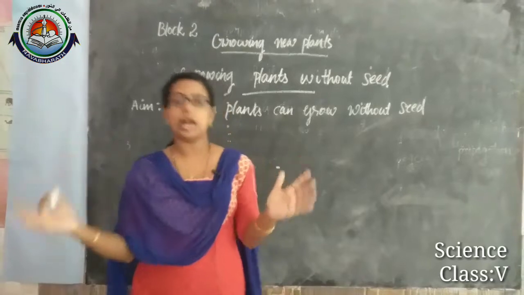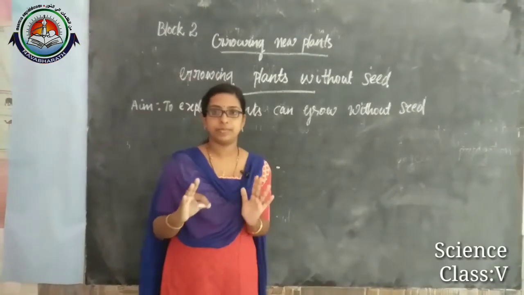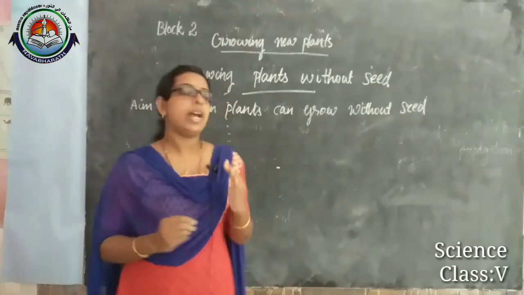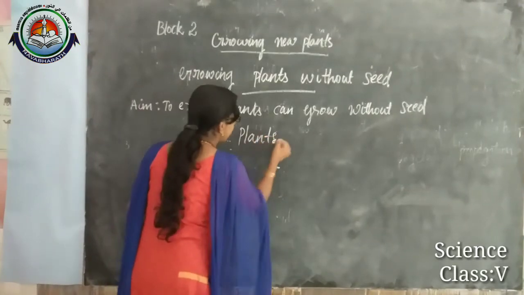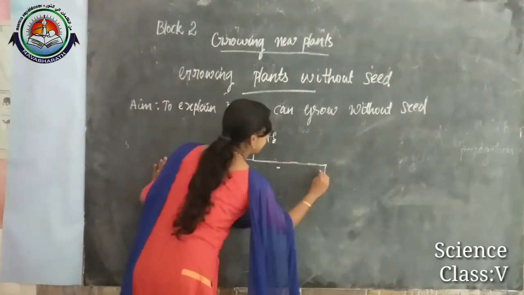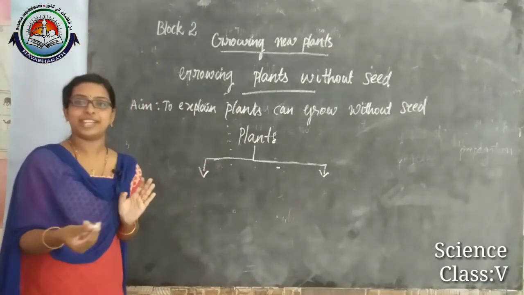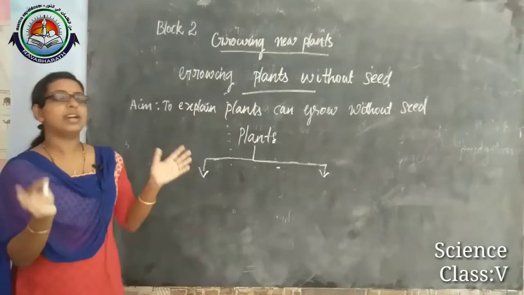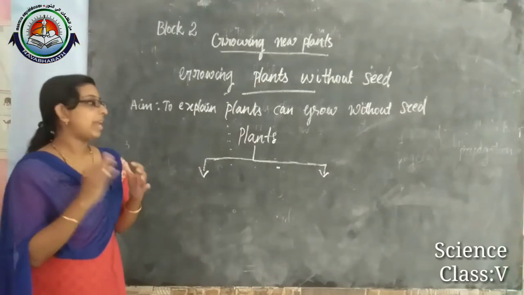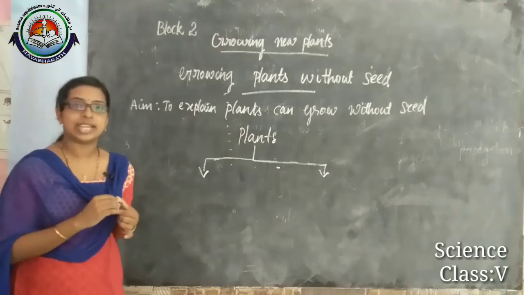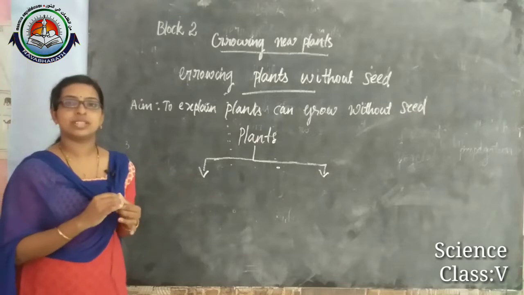When we look around us, you can see that there are different kinds of plants. Is it right? So we can divide plants into two types. When we just look outside, can you say which kinds of plants you can see around us?